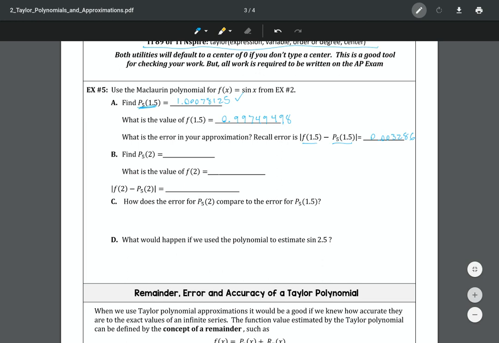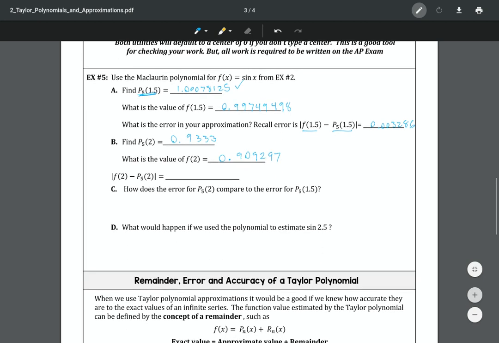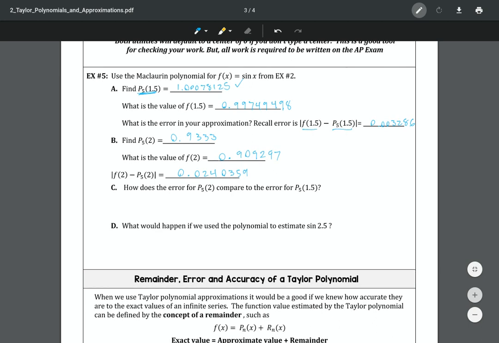Okay, so let's see. This would be the approximate. This would be the actual. Now, it says the error of P of 5 of 2 compared to the error of P of 5 of 1.5.